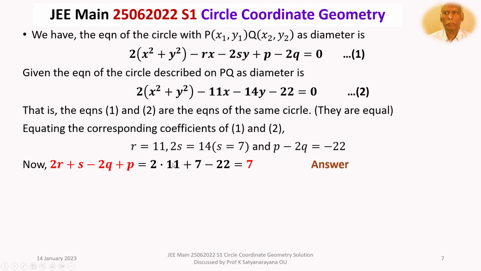So 2 into 11 plus 7 minus 22. Minus 22 plus 22 cancels, and you are left with 7. That is your answer. Therefore 2r plus s minus 2q plus p is equal to 7.